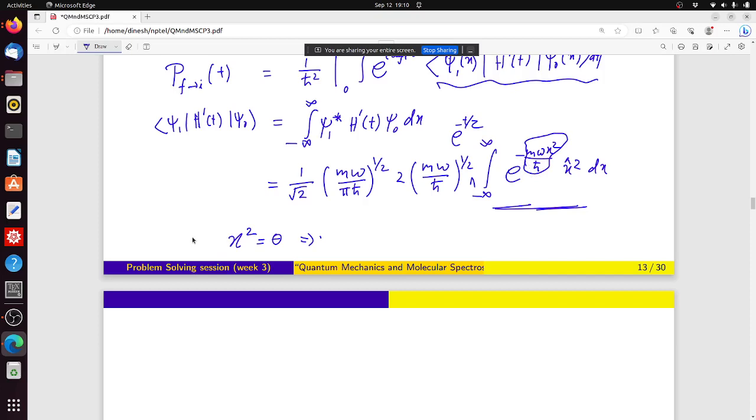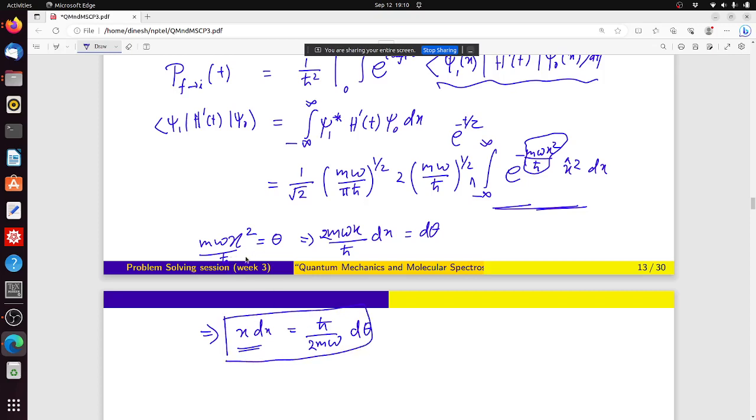So let's take m omega x square by h cross as theta. Then it will give me m omega 2x by h cross dx as d theta. Right. Then I'll have x dx as h cross over 2 m omega d theta, right?